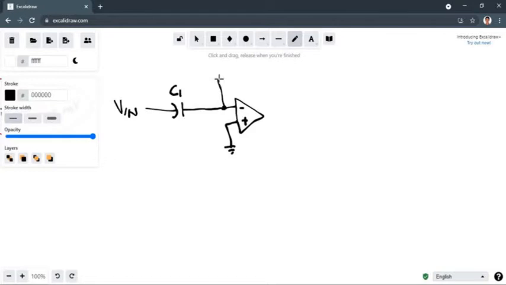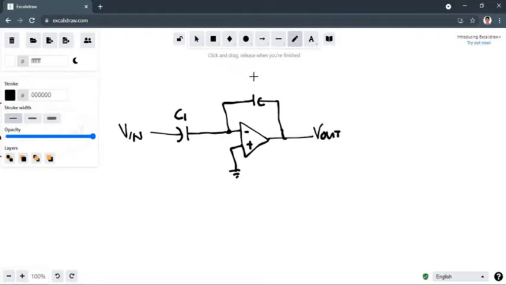And then we have here the feedback capacitor, then Vout.